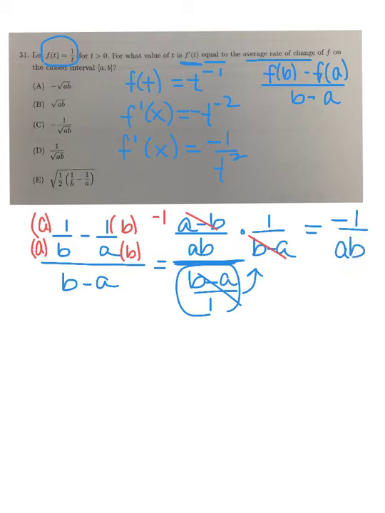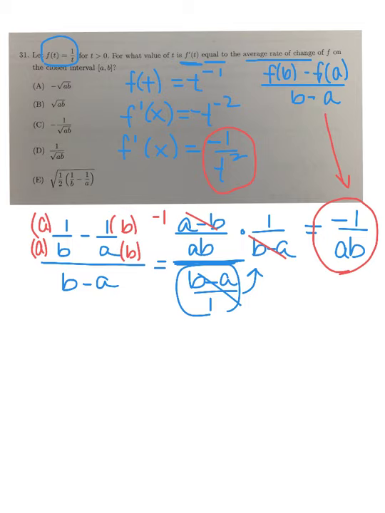Okay, so now let's remember that we are setting, and let me put this in a different color so we can see a little bit better, f of b minus f of a over b minus a. That's what this is. And we're going to be setting it equal to f prime.